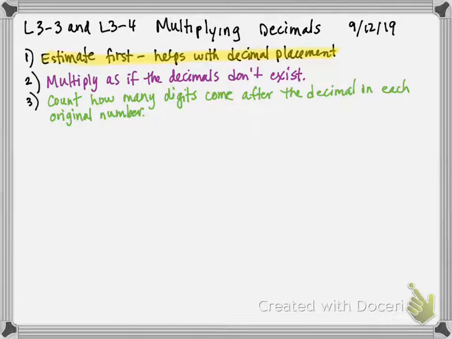So you're going to count up in total all the digits that came after decimal points in your original values. Okay? And whatever number you get in that step 3, that's going to help you place your decimal in your answer.